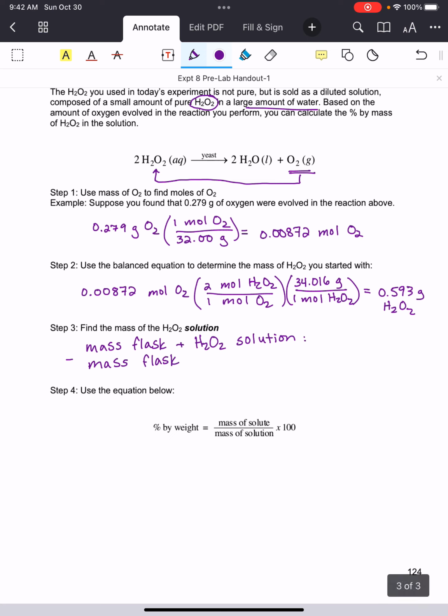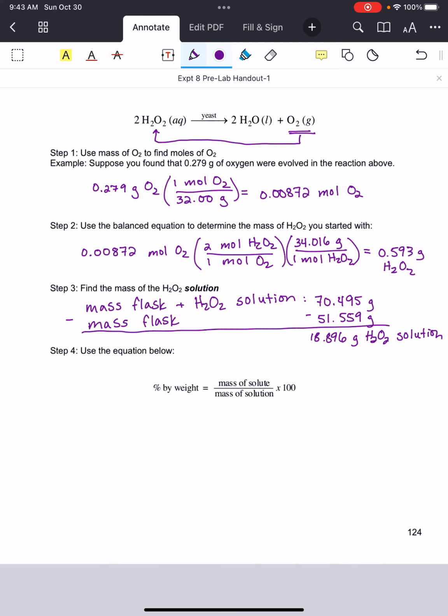So let's say, for example, that the mass total was 70.495. You'll just record whatever value you got in lab. And the mass of the flask by itself was 51.559 grams. When you subtract these two values, you get 18.896 grams of H2O2 solution.